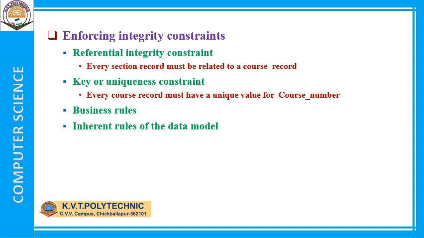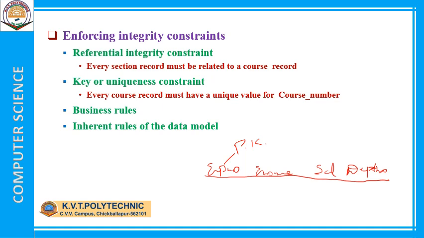Say for example, take an employee table, with employee number, employee name, salary, and in which department he is working. So we'll take department number as an example. This is one employee table. Say for example here, for employee number, I will apply a primary key constraint, those rules. What it means is that a primary key should be unique and not null.